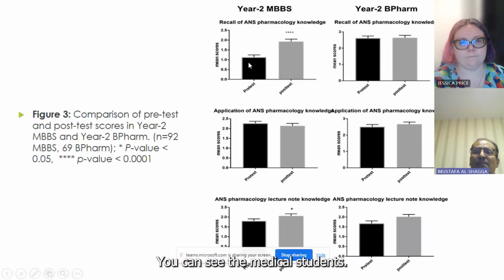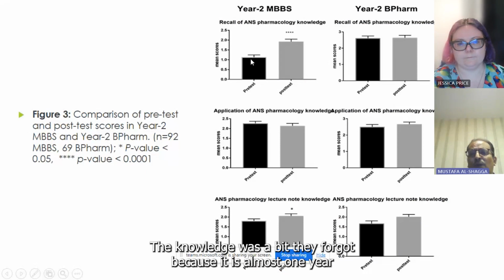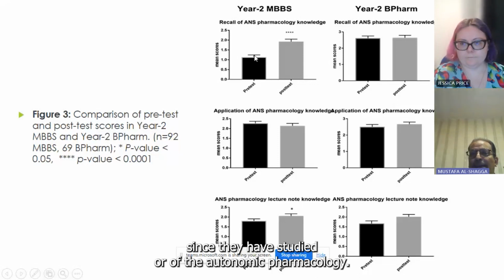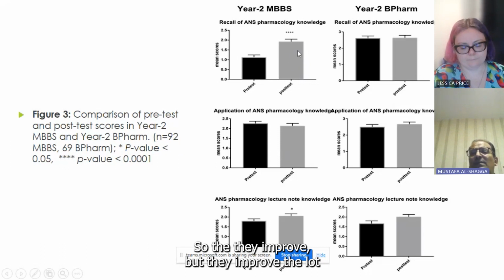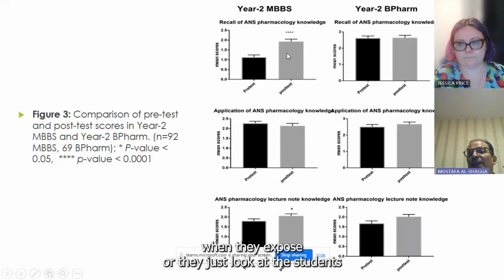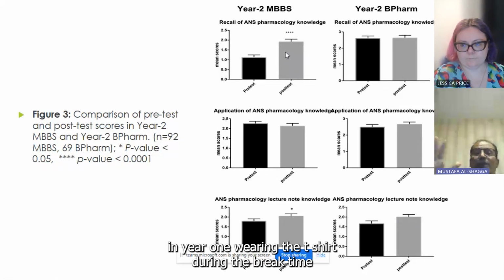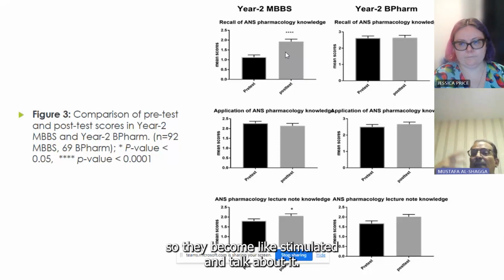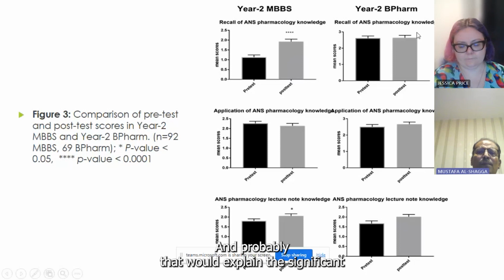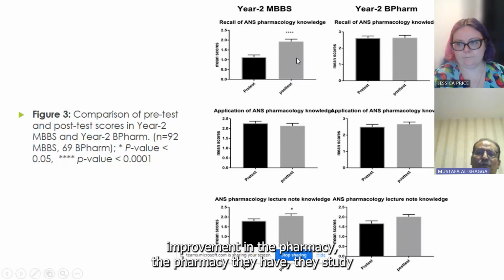You can see that the medical students' knowledge was a bit forgotten because it is almost 1 year since they covered autonomic pharmacology. They improved a lot when they were exposed to the students in year 1 wearing the t-shirt during break time. So they became stimulated and talked about it, and probably that explains the significant improvement.